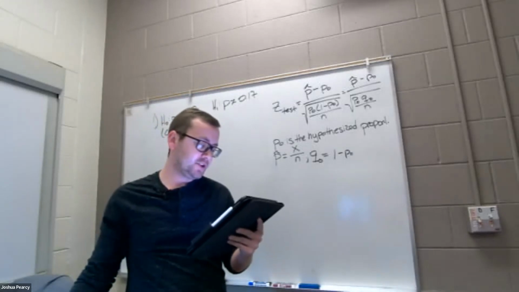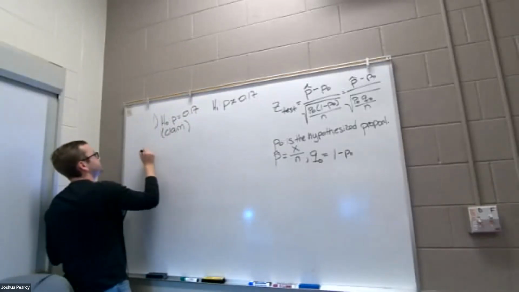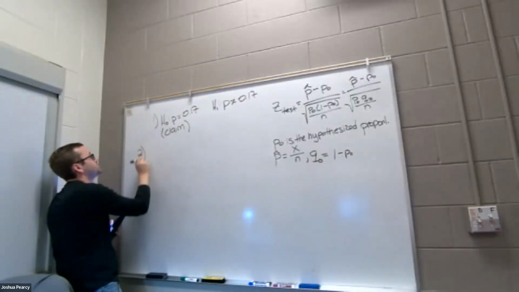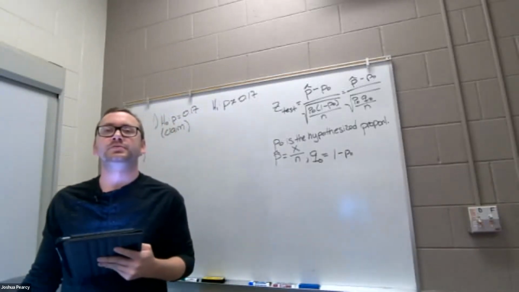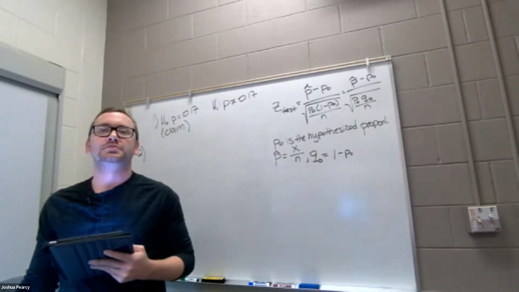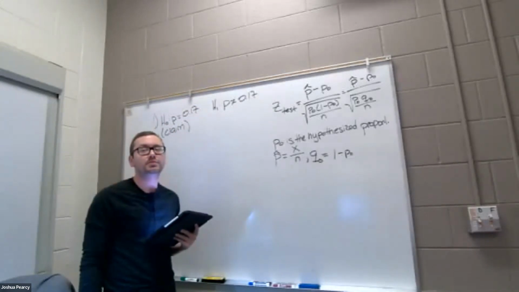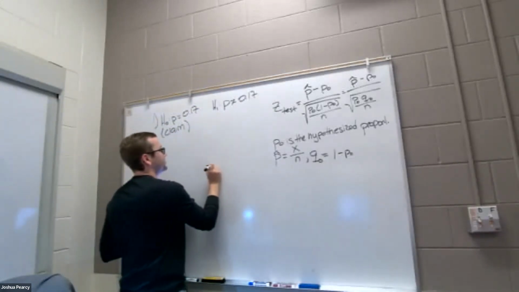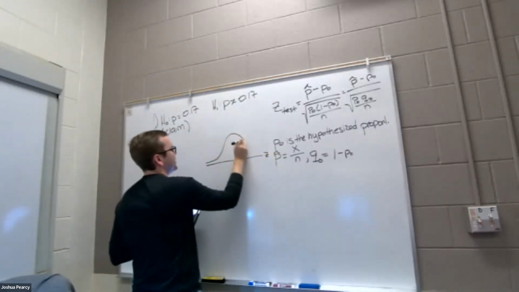Then part 2, find the critical value and state your decision rule. Can anyone tell me what they are? Should I draw out how to find them again? You have the distribution of the z-scores here.